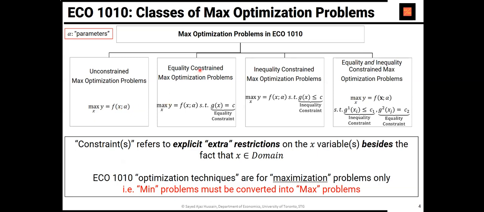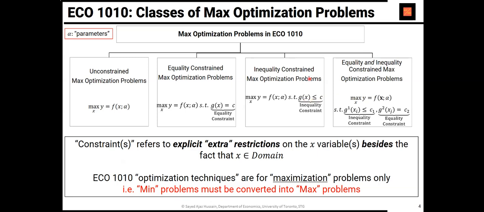You could have equality constraint maximization problems where you're trying to maximize an equation of y, but you're insisting that, for the time being, some function of x, or if it helps you, simply x, must be equal to a constant. Then come inequality constraint problems. You're trying to maximize a function, but the constraint now says that some function of x, g of x, for example simple plain x, must be less than or equal to a constant c.